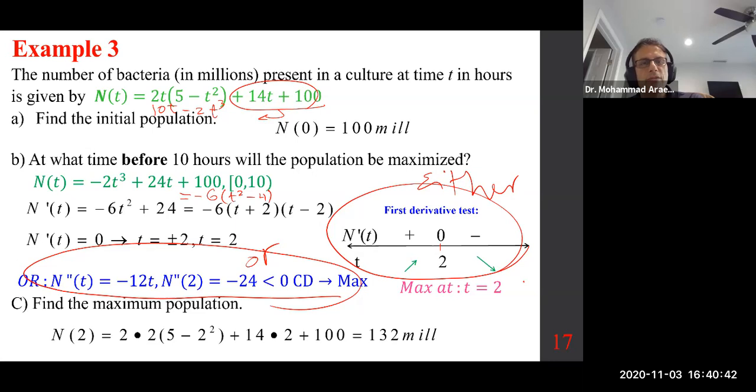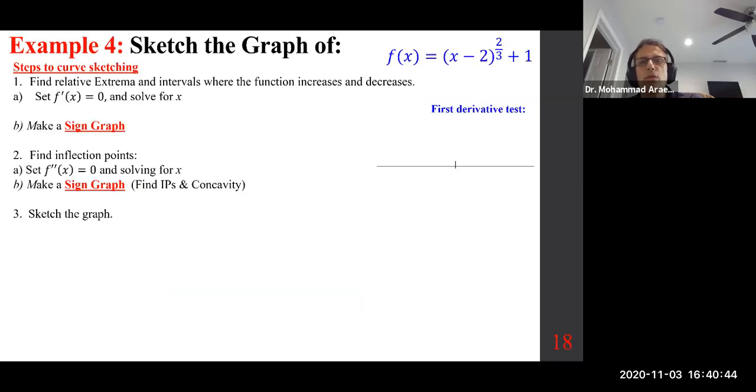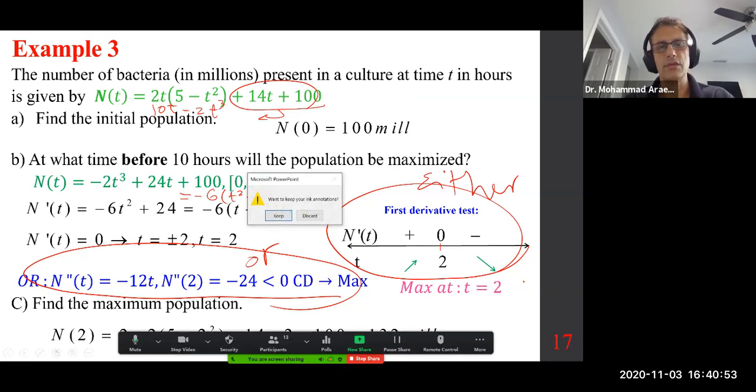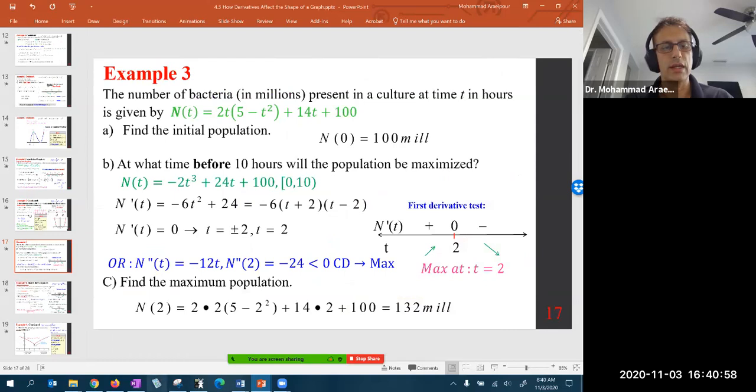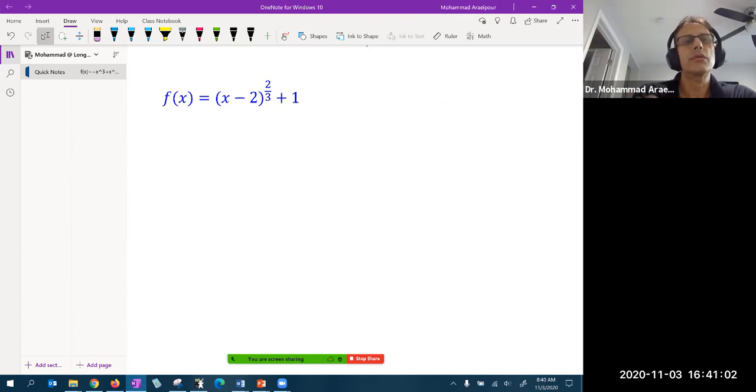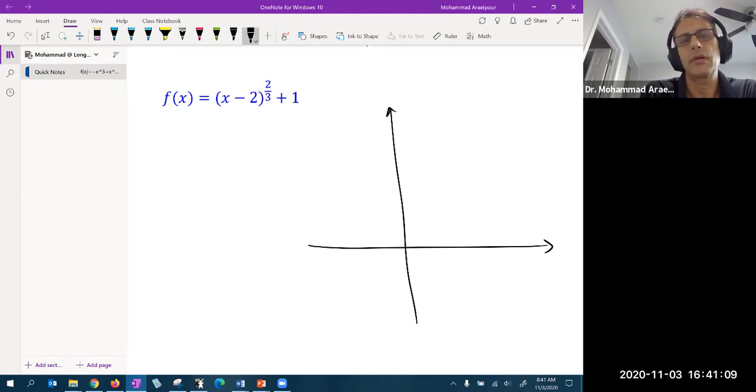Here's the next graph. And what I want to do for this graph, I want to also give you the synopsis of what's coming up so you have an idea, again, as far as the transformation is concerned. So what we are looking at, class, is this graph. So I hope you realize this is a cube function. So if I'm graphing this, okay, first, number one, I have a cube root function.